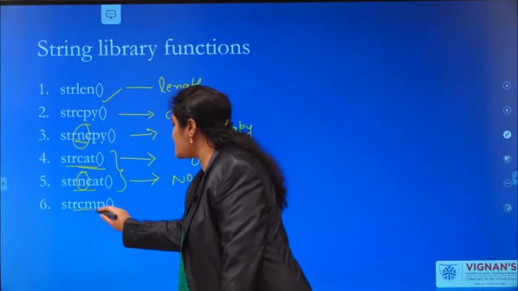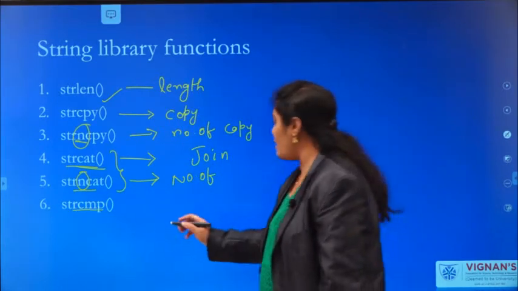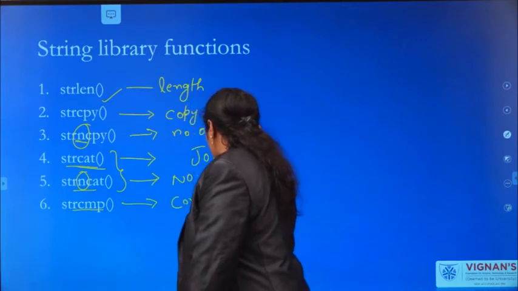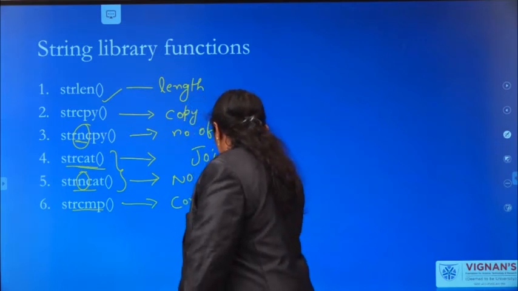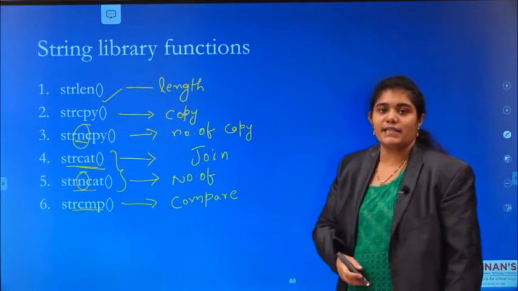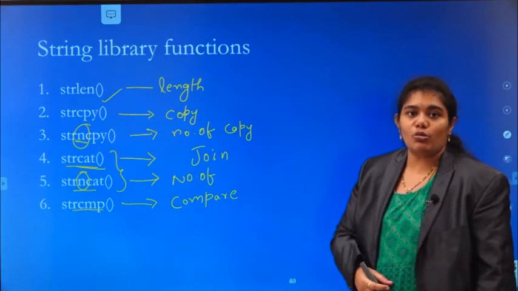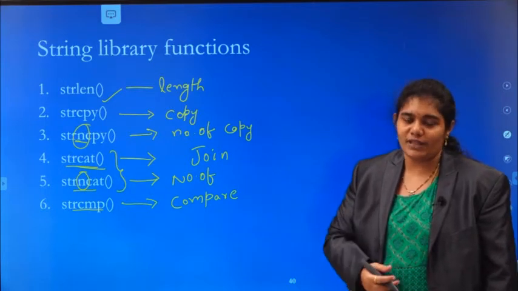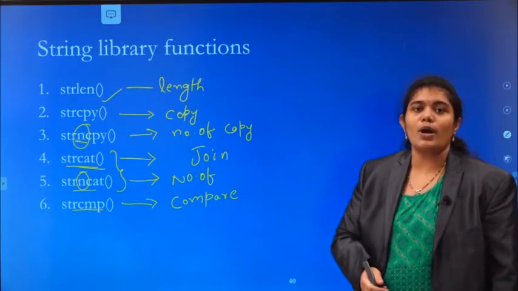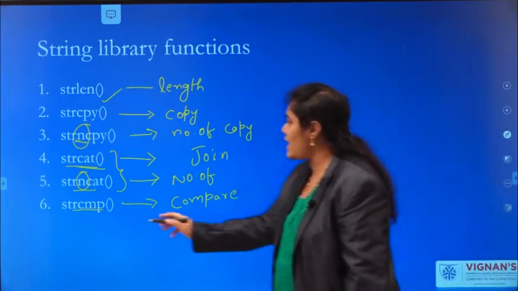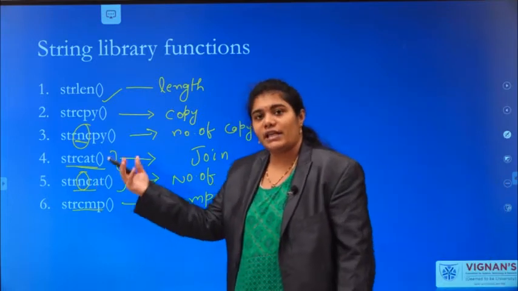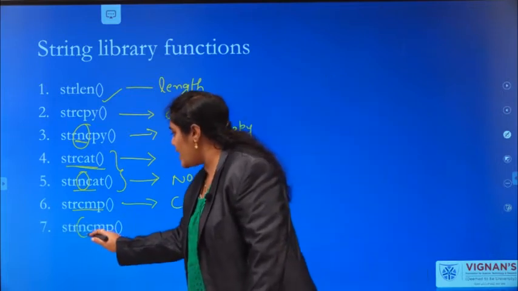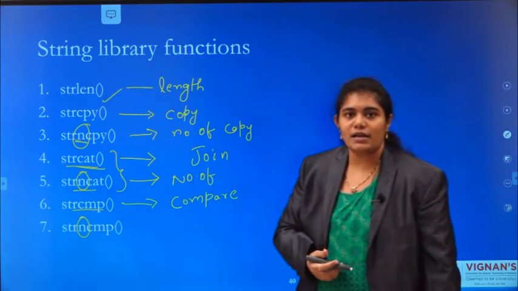strcmp is used to compare two strings, to check whether the two given strings are equal or not. With the help of strcmp, you can identify whether the given strings are equal or not. And the next one is strncmp.